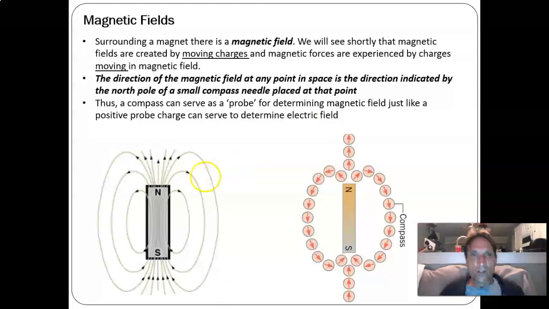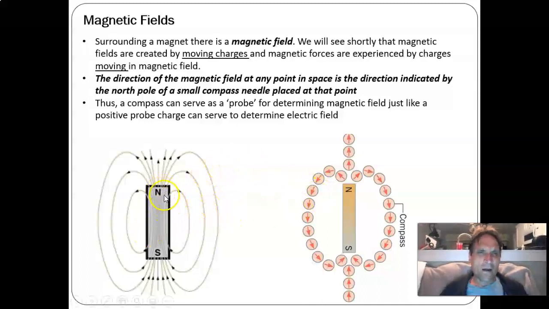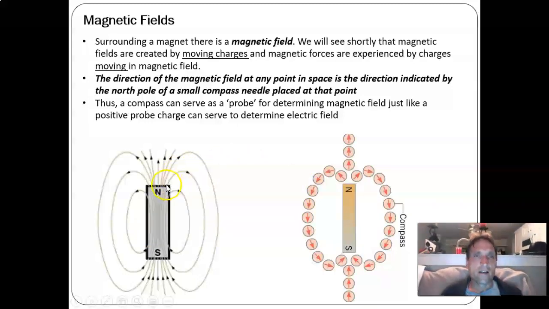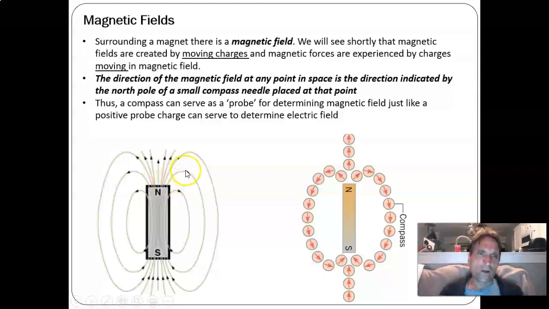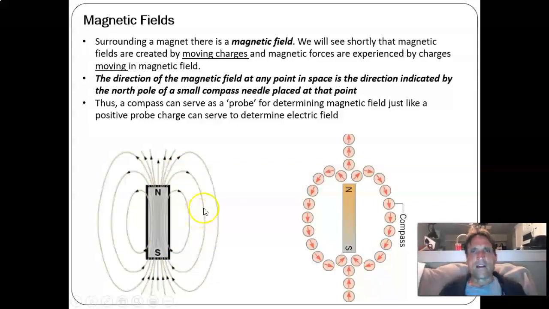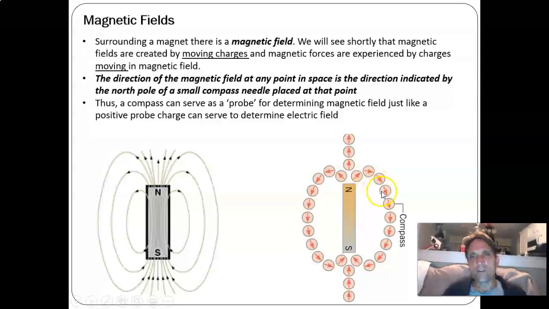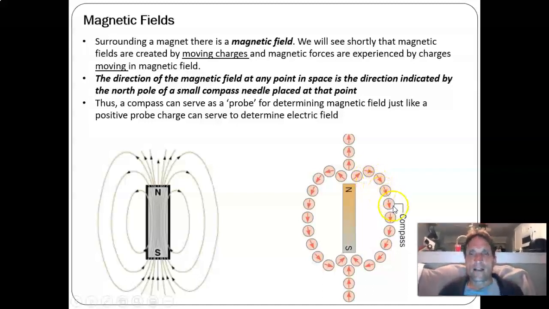And if you take a bar magnet, we'll see in a minute that the magnetic field of a bar magnet looks like this. It looks exactly like an electric dipole. Okay, you have field lines going from the north pole and ending at the south pole. Okay, so they go from north to south. Since a compass will point along the magnetic field direction, we could place the compass at all points, and the compass would map out the direction of the magnetic field.